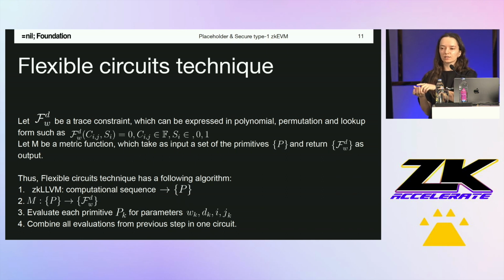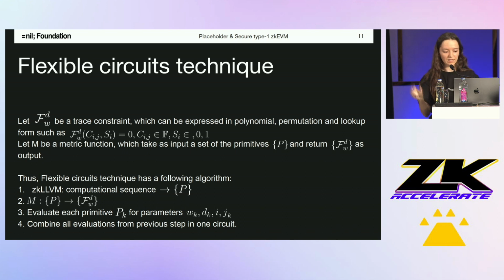For example, it tries to get a better gate degree, to optimize which cells we need to use and how many columns we would use. It tries to optimize state size, all of these things. So in the second step, we get all these trace constraints and all parameters.